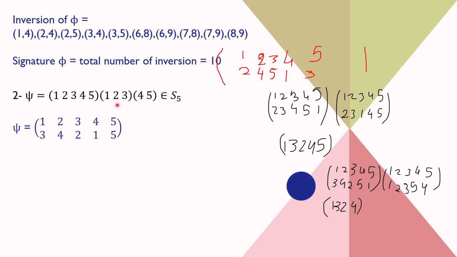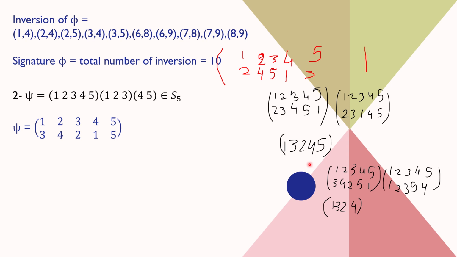Then the next one, 1 2 3. So 1 2 3 4 5, since it's S5, so obviously it's always going to be 1 2 3 4 5, right? 1 goes to 2, 2 goes to 3, 3 goes to 1, so the cycle completes. And what about 4 and 5? 4 will go to 4 and 5 will go to 5. Okay, when you find the product of these two permutations, this is what you get: 1 2 3 4 5, 1 3 2 4 5.